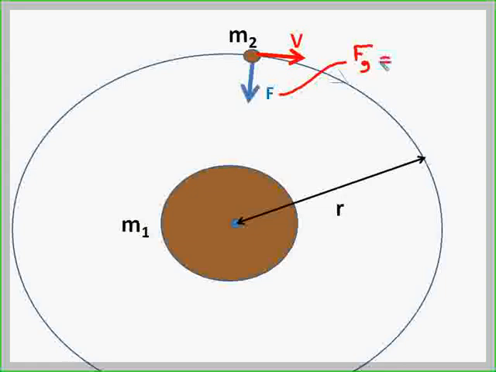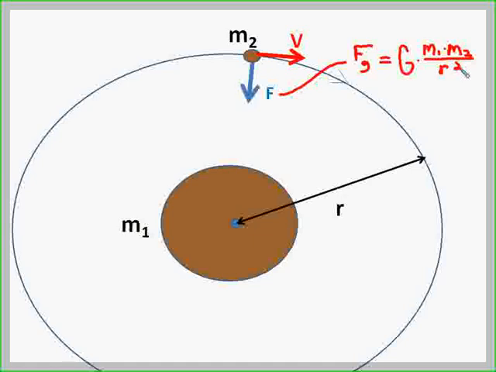And we know how to calculate that. That's big G, 6.67 times 10 to the negative 11 Newton meter squared over kilogram squared, times M1 times M2 all over R squared. But we also learned another formula for F sub g.